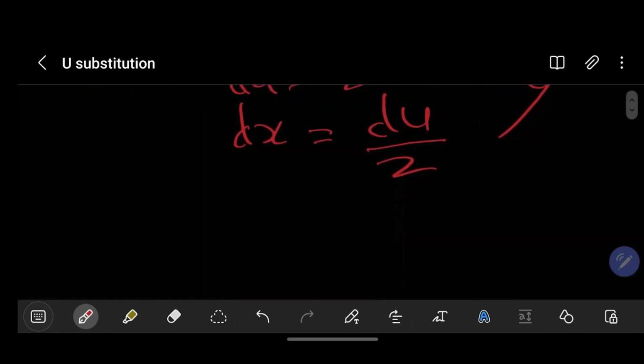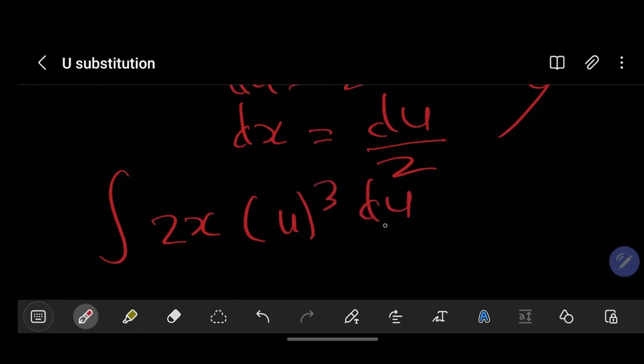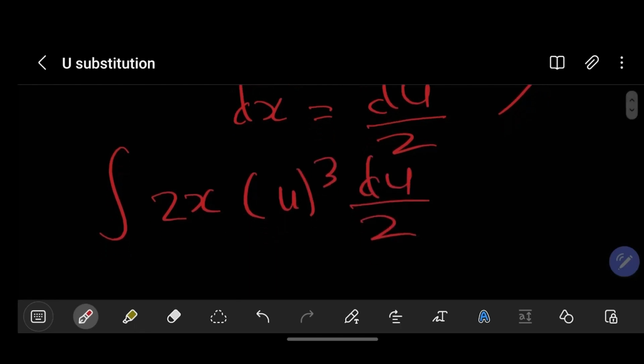So we now have the integral of 2x times u cubed du over 2. And we can immediately see that the 2x here and the 2 there can cancel off, meaning we are now in the form that we want, where everything is in terms of u.